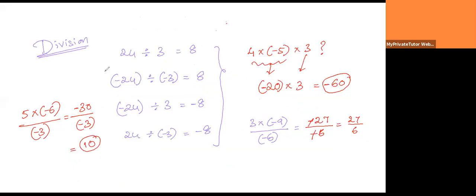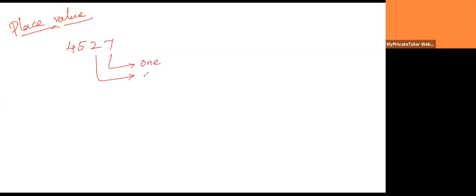Okay, let's try a few questions here. For example, let's take a 4-digit number, 4527. So this is ones place. This is tens place, which is nothing but a position of the digit, or you can call it a position.